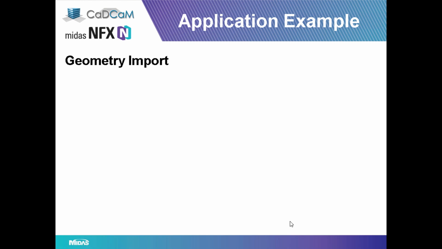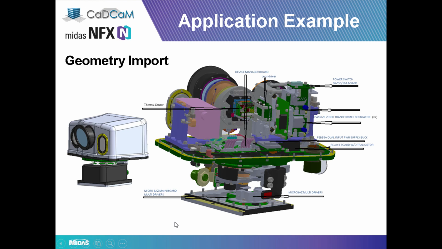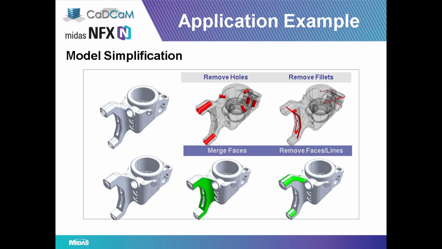So the import of the geometry includes the import of the external shape as well as the import of all the internal parts included inside the system. After importing the geometry, we have to do some activities in order to simplify the model and in order to achieve a very high quality mesh.